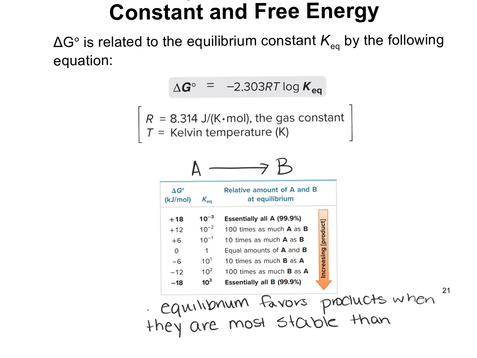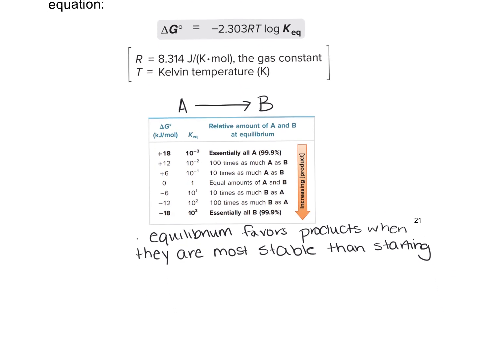So we're going to talk a lot about reactions and stability. And we're going to say, hey, look, equilibrium favors products when they're more stable. Well, equilibrium is also going to favor the reactants when they're more stable. So that means a reaction will proceed when the reactants are more unstable than the products.